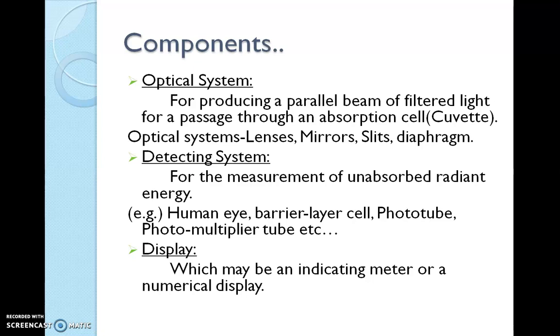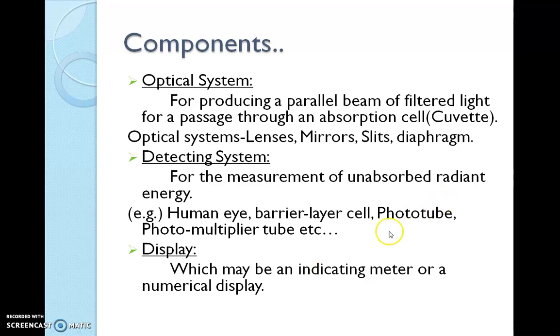A barrier layer cell is a detector which has a thin metallic film layer coated with silver or gold, and it acts as an electrode. A phototube is a gas filled or vacuum tube which can be used as a photodetector in a colorimeter. A photomultiplier tube is useful for light detection of very weak signals.